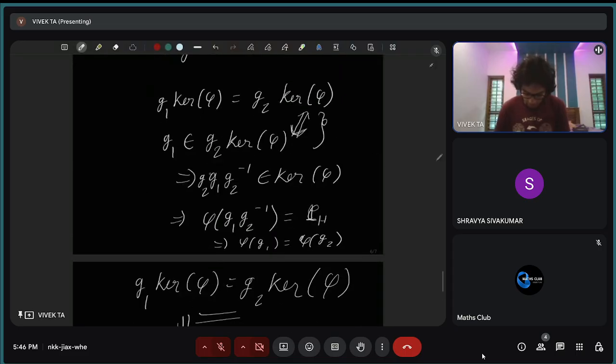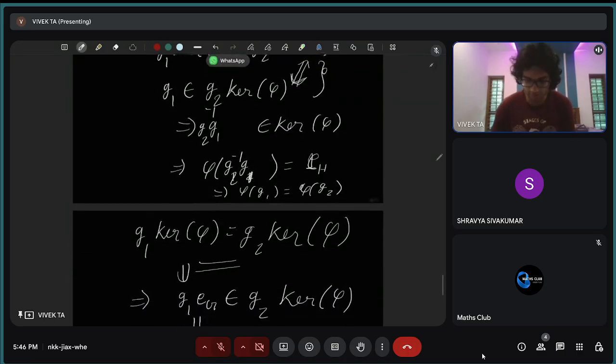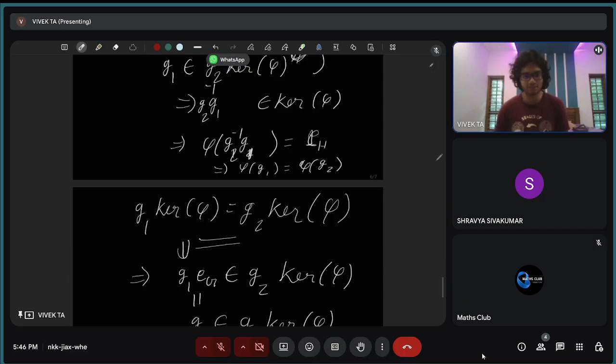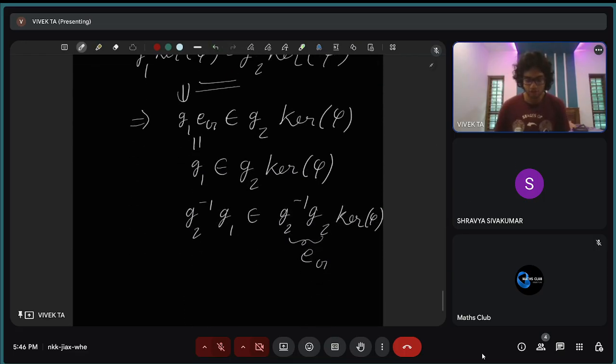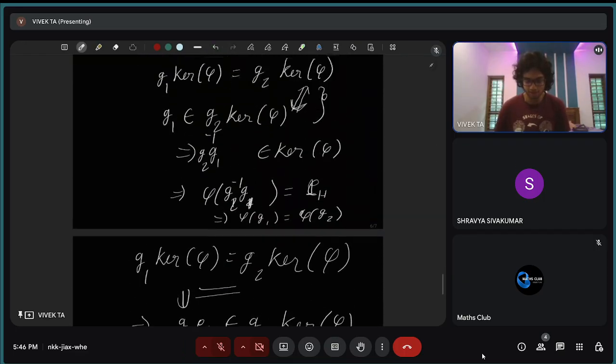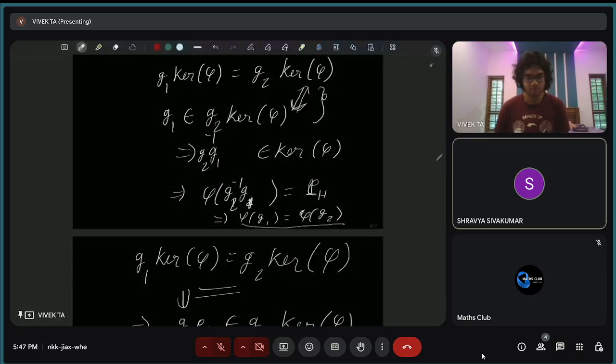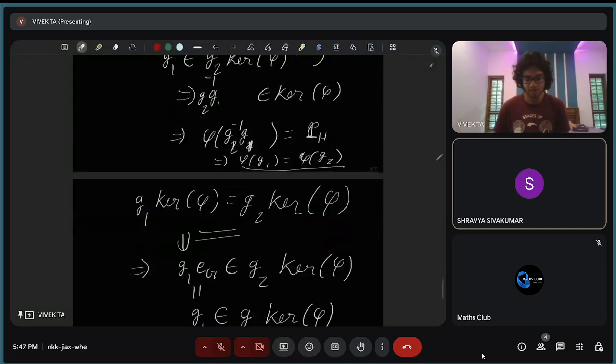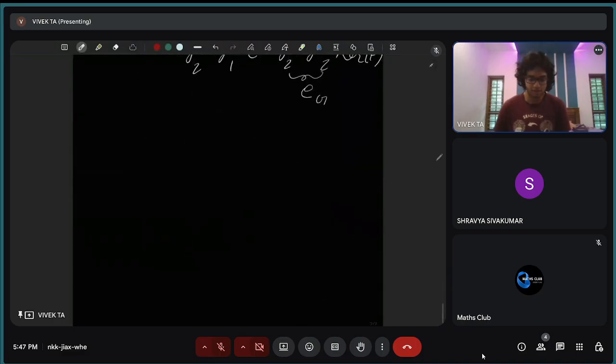I should have written g2 inverse here instead of on this side. Nonetheless, it will give you the same result, but the point is you should be consistent with the notation. So you understood how we arrived at this part? So that defines the well-definedness.